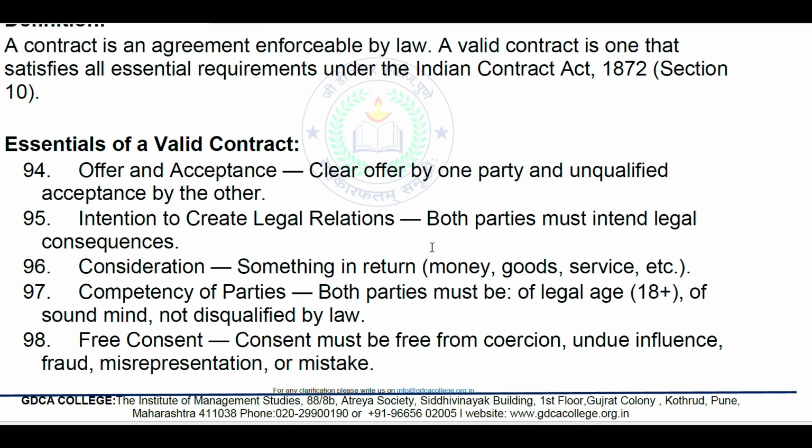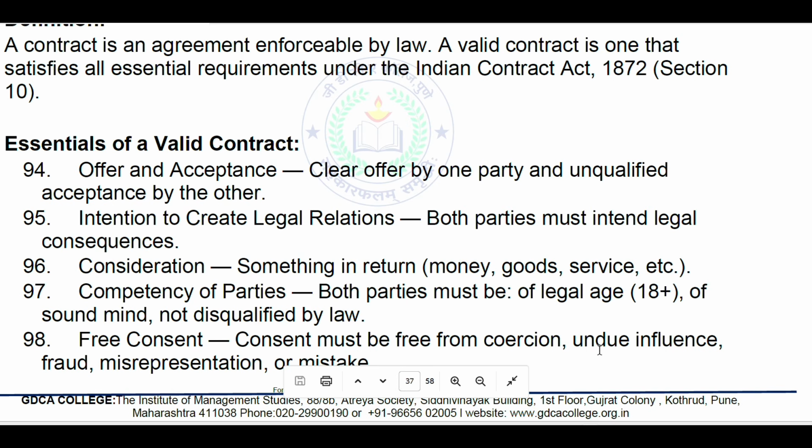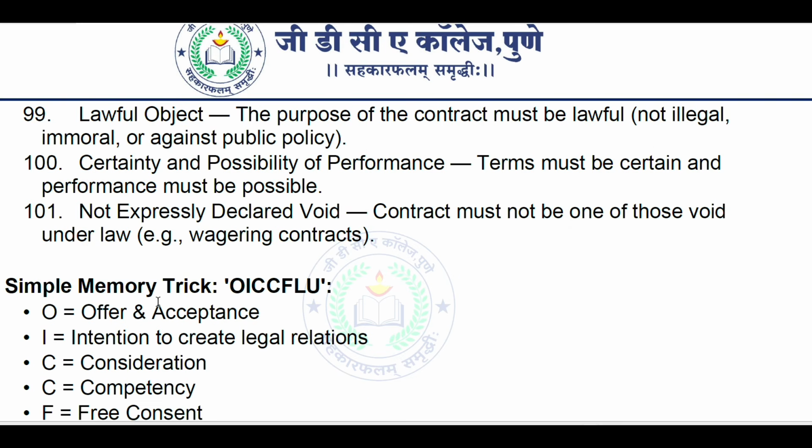Consideration, something in return, that is money, goods, service, etc. Competency of parties: both parties must be of legal age, that is 18 plus, of sound mind, not disqualified by law. Free consent: consent must be free from coercion, undue influence, fraud, misrepresentation, or mistake.